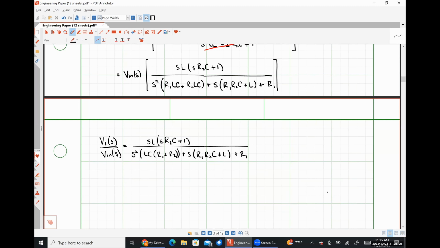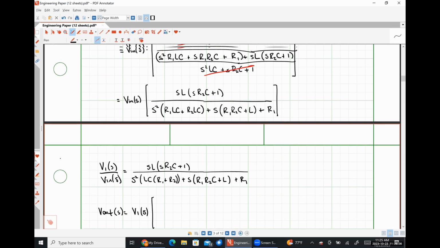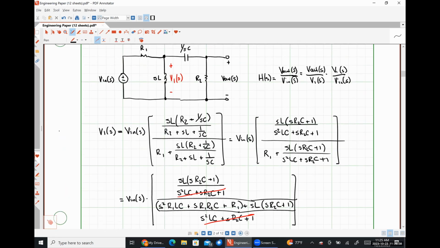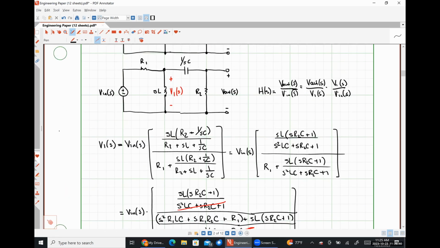Now I need to figure out what the relationship is between V out and V1. Scroll up here. And I'm going to do that literally just by doing voltage, right? So it should look like R2 over R2 plus 1 over SC.